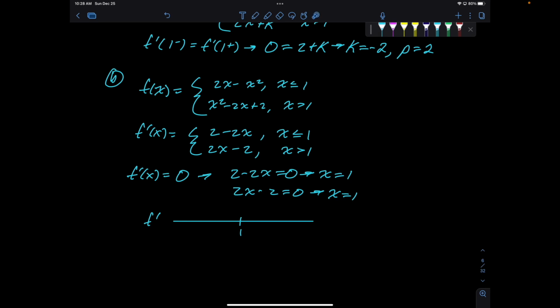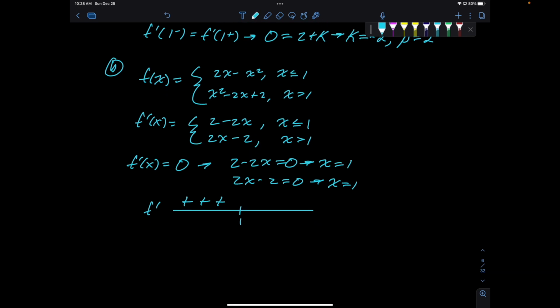All right, to the left of 1, we're supposed to use this definition, and we want to plug in something to the left of 1, like negative a billion. That'll give us 2 plus 2 billion, so very positive. We're definitely increasing there. To the right of 1, we use this definition. We plug in like a billion. This thing's always increasing. What are we looking for?